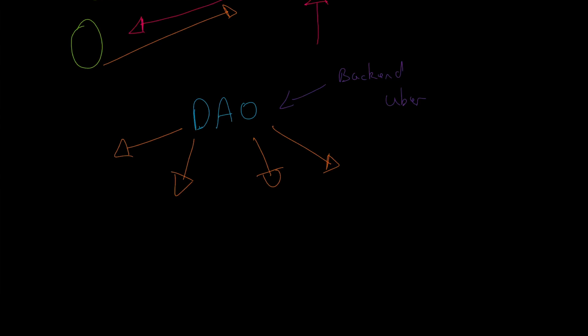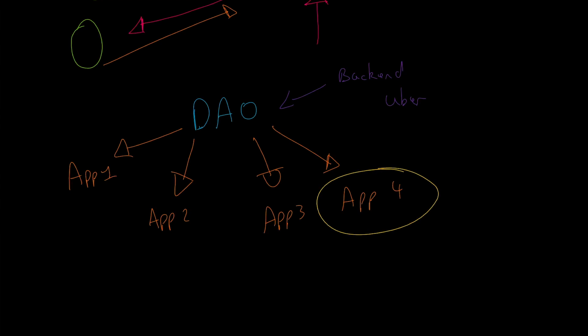implementations. So let's say app 1, app 2, app 3 and app 4. And maybe app 4 has the best interface, it has the quickest times, just the overall best experience, this will more likely be the one that does better.